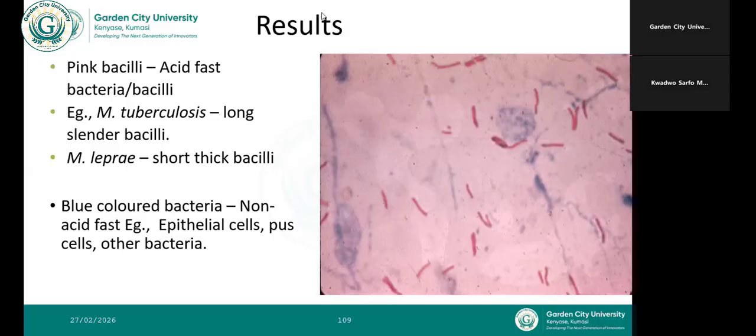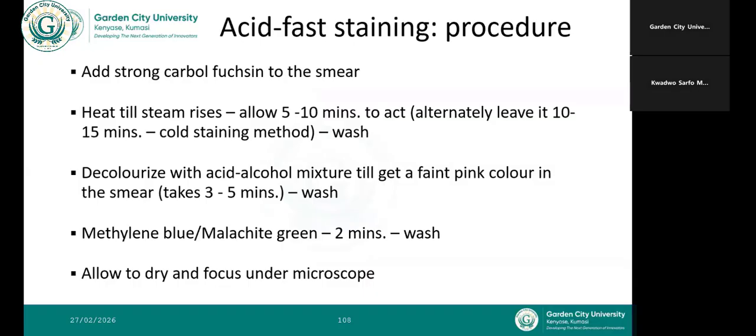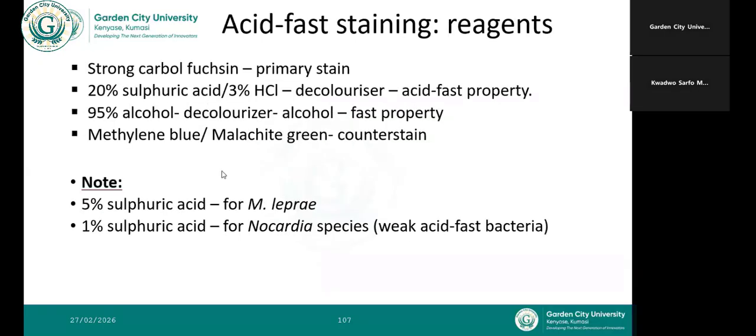Are you okay? So that means the green malachite or the blue is the non-acid fast, and the pink is the acid fast. Yes, exactly. So they would pick up the counter stain because they lost the primary stain when you decolorized.